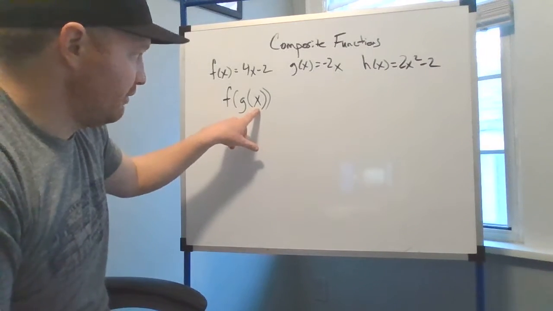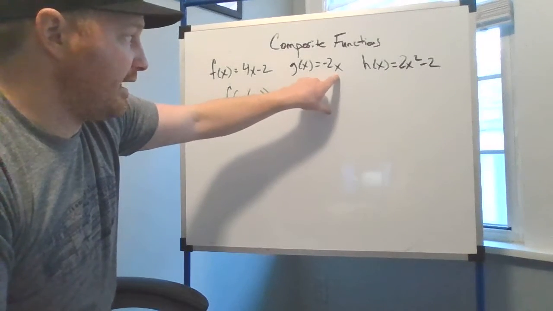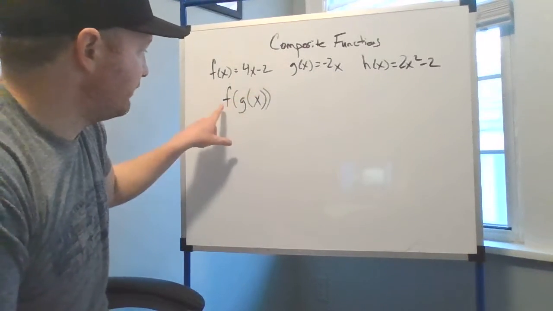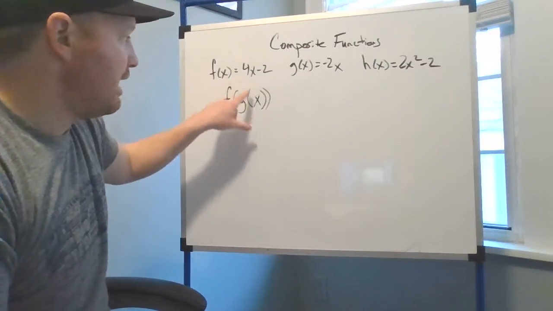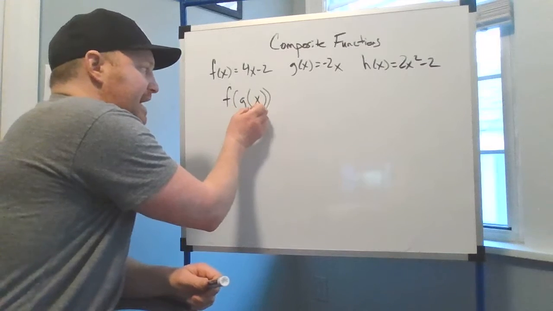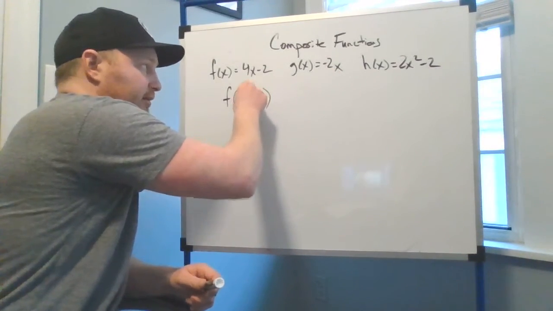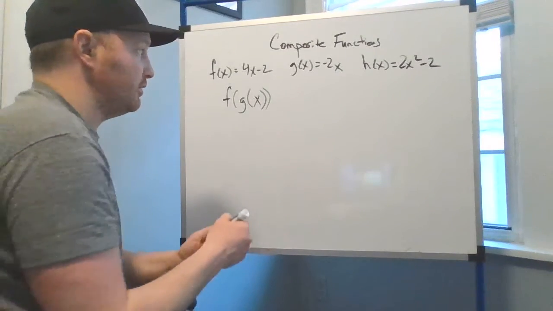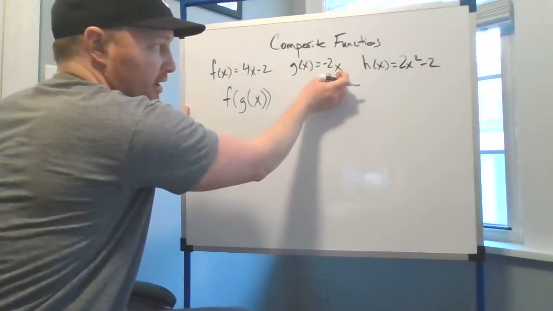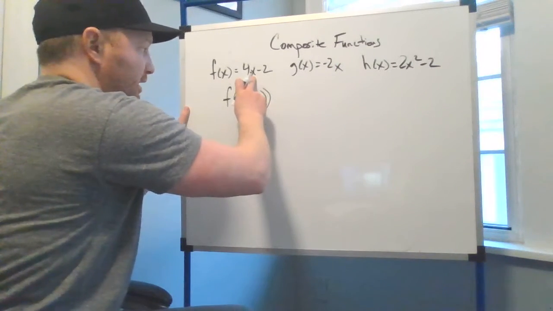If x was a number, we would put this in place of this, right? And I would get an answer, and then that answer would then be the input for the f of x function. Now, I don't have a number, so now what this is saying is take the entire g of x function and put it in place of x here, just like we would if it was a number. So now, this entire expression, negative 2x, is now the input in place of x right here.